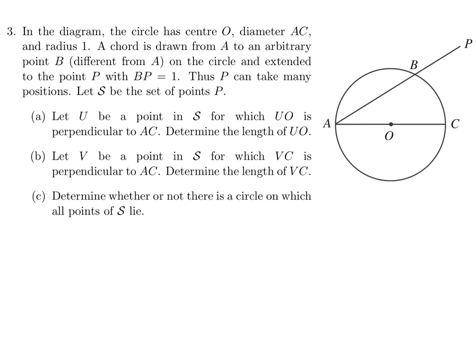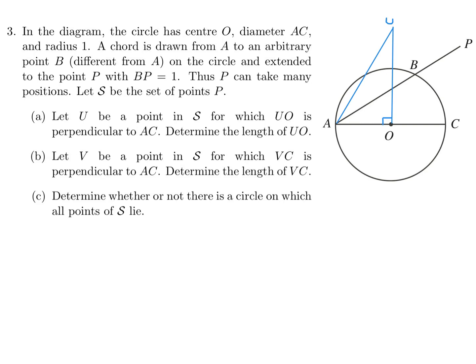Okay, so UO is perpendicular to AC. So that means I'm going to have to draw some lines in here. So basically this is the situation where this is the U up here, this point right here, and UO is perpendicular, so this is a right angle.